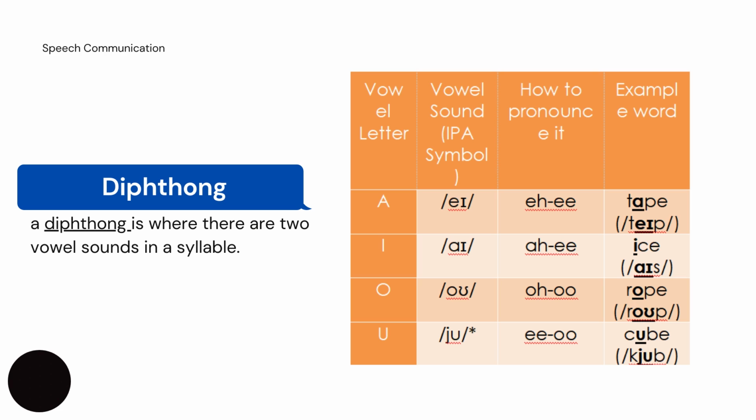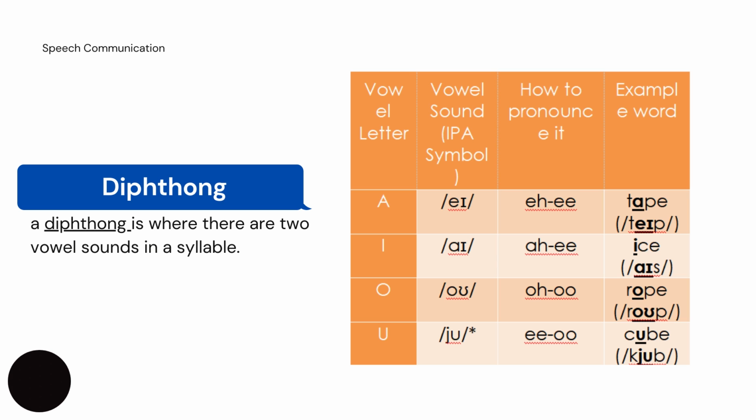So what about diphthong? In diphthong, we have two vowel sounds in a syllable. Here, in one syllable, our vowel is a combination of two vowel sounds. For example, the word tape.